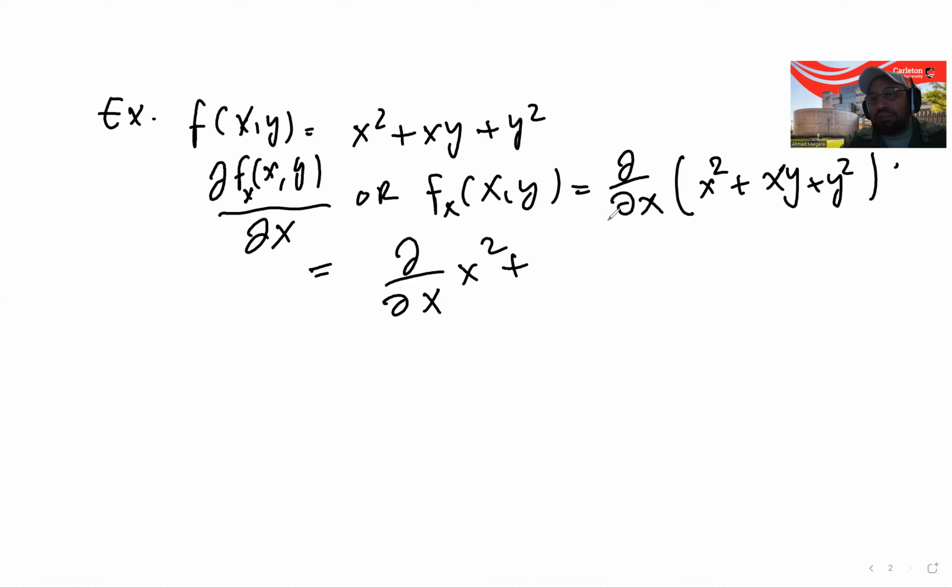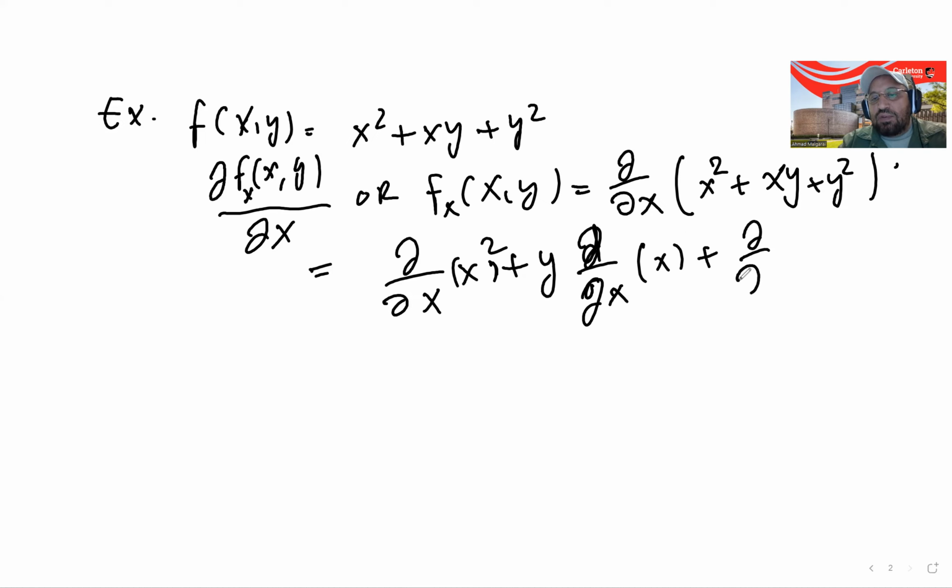Then plus, because we're taking the derivative with respect to x, it's better to write y and then the partial derivative of x with respect to x. Put a bracket, it makes it much easier. Also follow the sign, and then take the partial derivative with respect to x of the third term, y to the power of 5. It doesn't matter, but I just put 5.